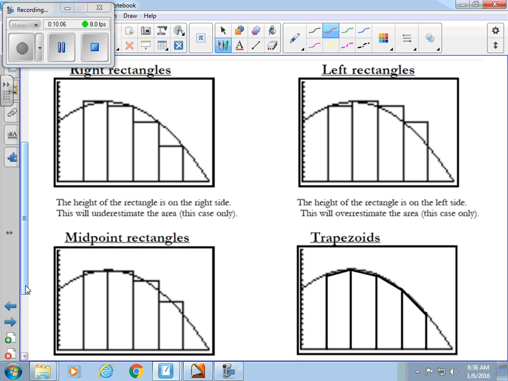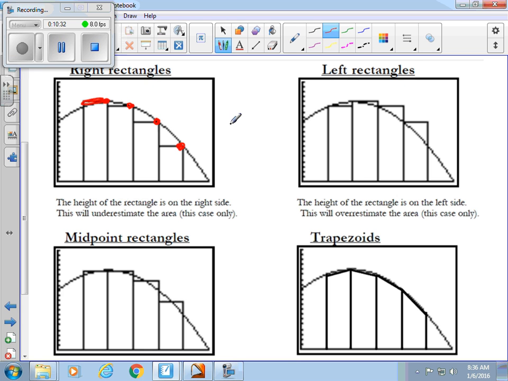So my rectangle, the height of the rectangle is determined by the right endpoint. Does everyone see that? Right endpoint.